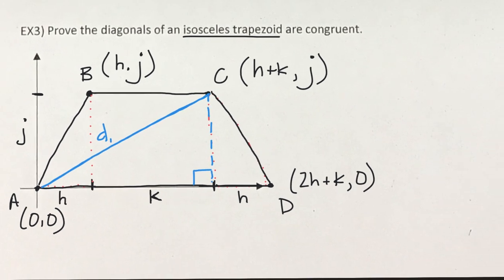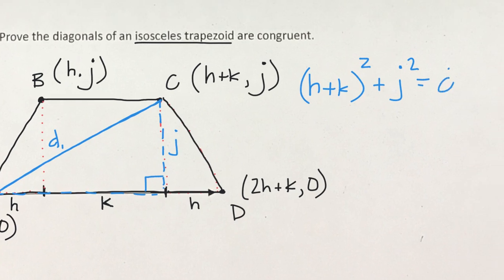So if I'm going to use the Pythagorean theorem, what's the length of the bottom of my right triangle? H plus k. So h plus k quantity squared plus what's the height of my right triangle? J is the height, so j squared equals d sub 1, the first diagonal, squared.